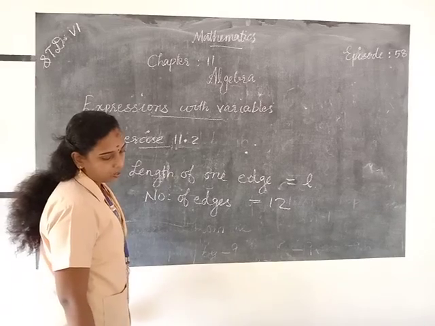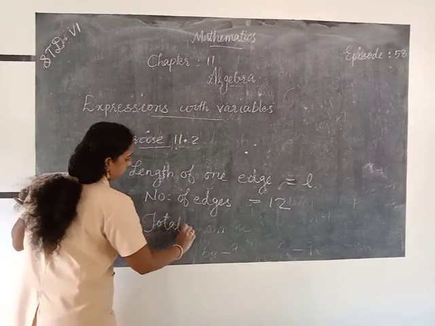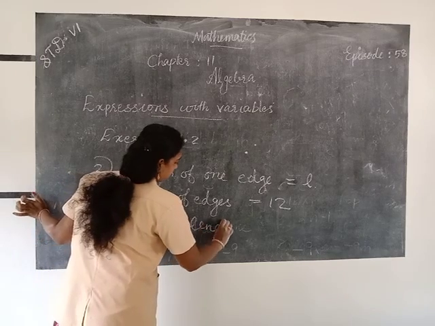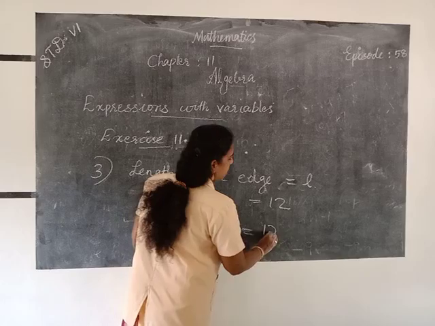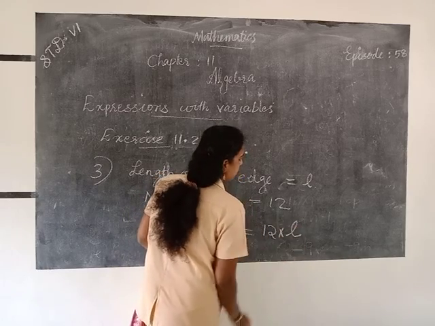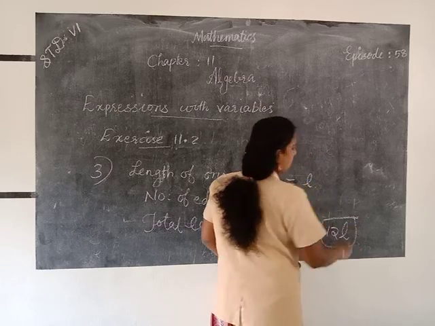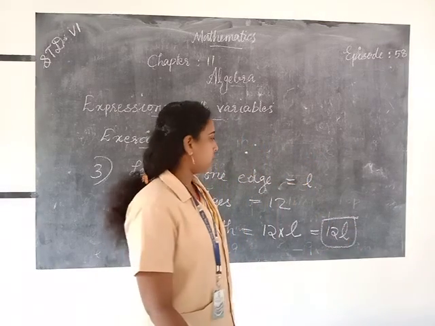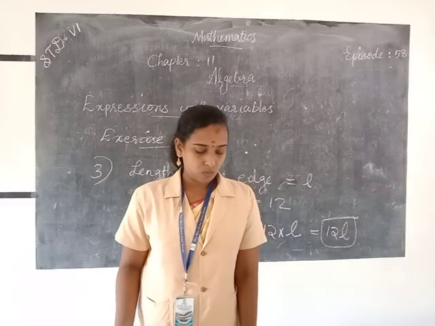Then the total length of the edges is equal to the number of edges, that is 12, into the length of one edge, that is L. That is equal to 12L. So 12L is the total length of the edges of a cube, that is the number of edges into the length of one edge.